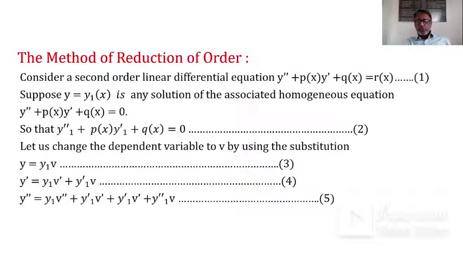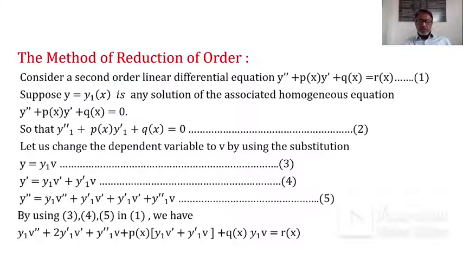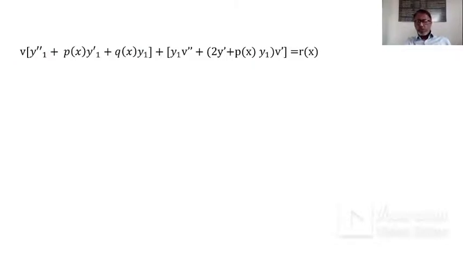Then we collect the coefficient of v, coefficient of v dash, and coefficient of v double dash, and we obtain this relation. Now the first bracket is to be 0. Therefore, we obtain y1 v double dash plus 2y1 dash plus p of x into y1 into v dash is equal to r(x).